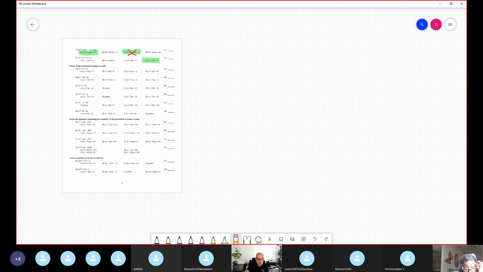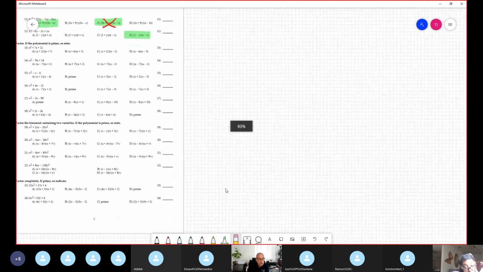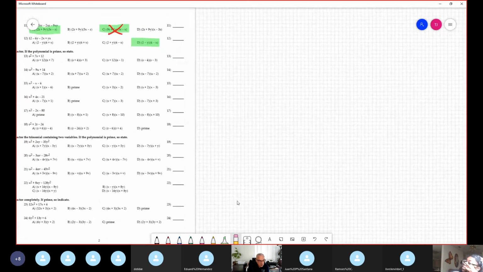So now I want to practice a little bit with regular. And when you feel strong in regular, we start special. So let me try 13, because 13 is a classical example of the regular: x squared plus 7x plus 12.